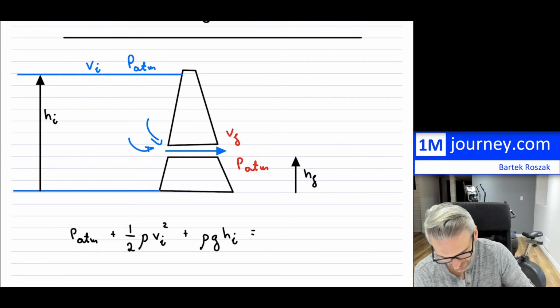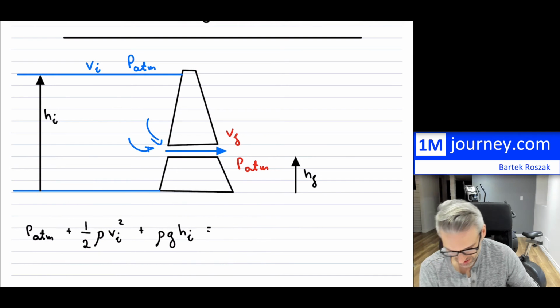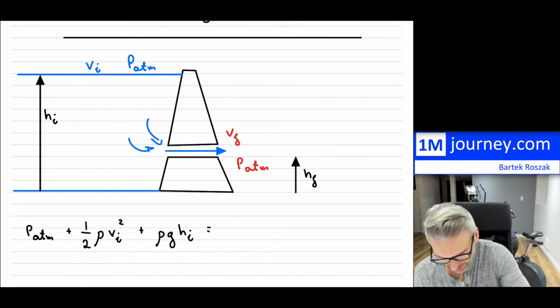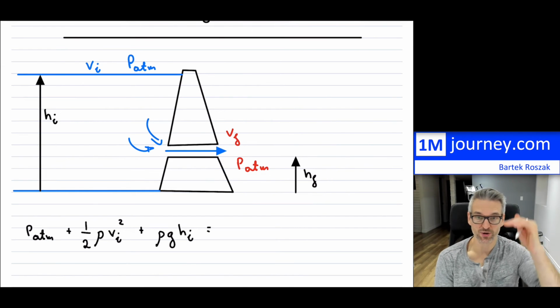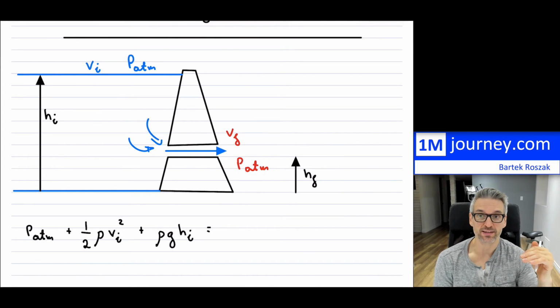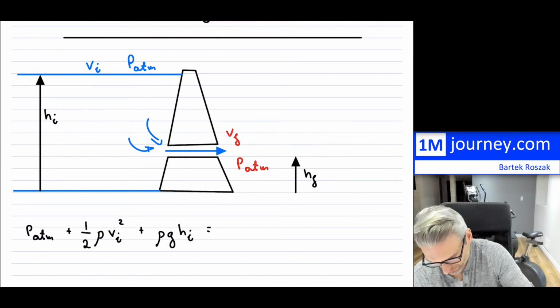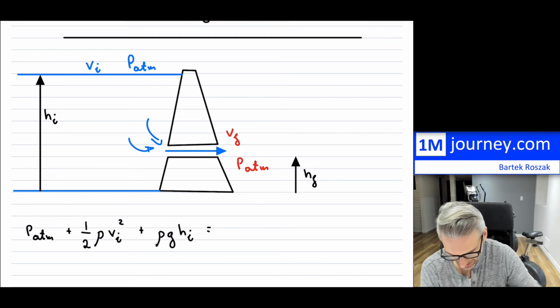Now, we know that this is equal to a constant from Bernoulli's equation. If this is equal to a constant, that means that the pressure, the speed, and then the height at the bottom should be equivalent. So I can again write this out in red just so that it distinguishes it from the left-hand side.